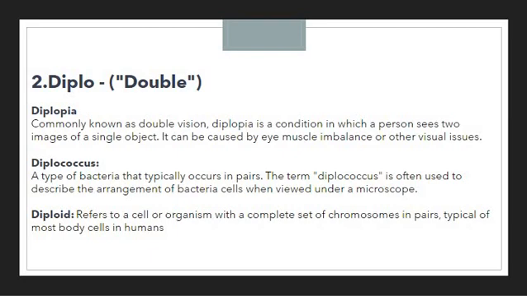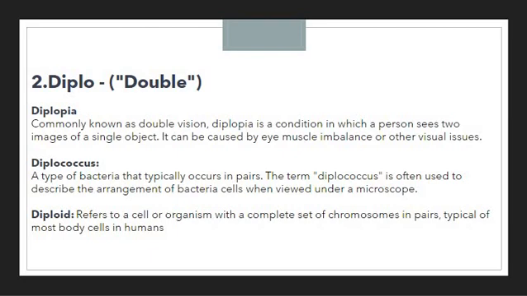Diplo is used to make a sense of double, and the first example is diplopia, commonly known as double vision. Diplopia is a condition in which a person sees two images of a single object. It can be caused by eye muscle imbalance or other visual issues.